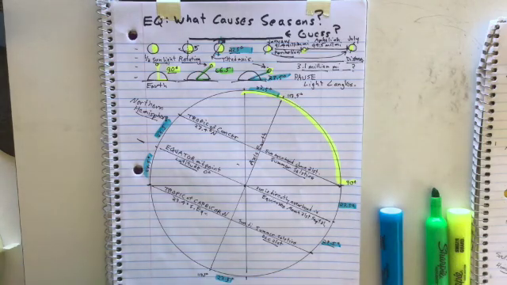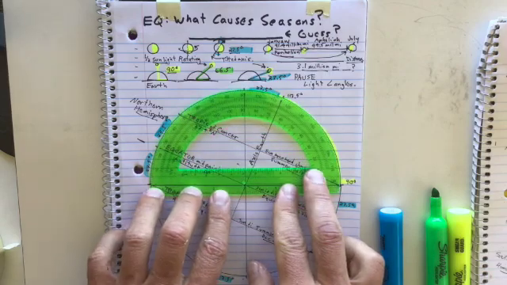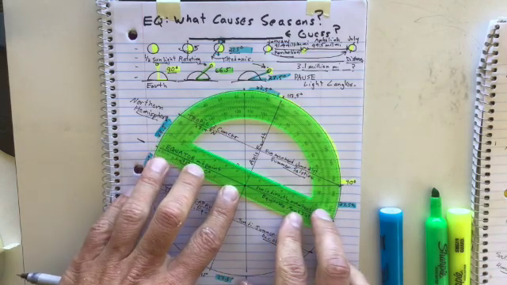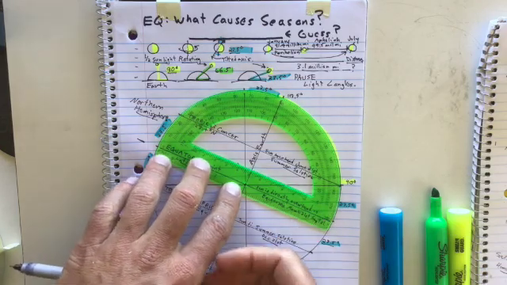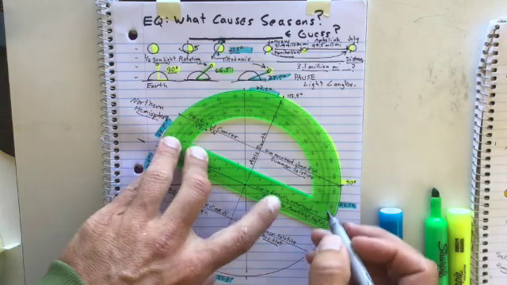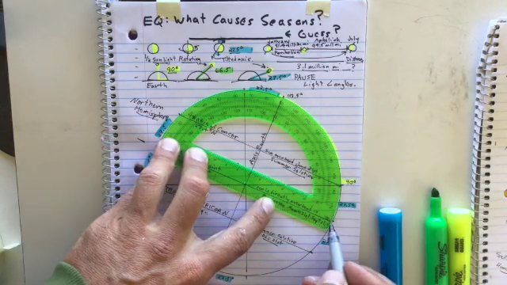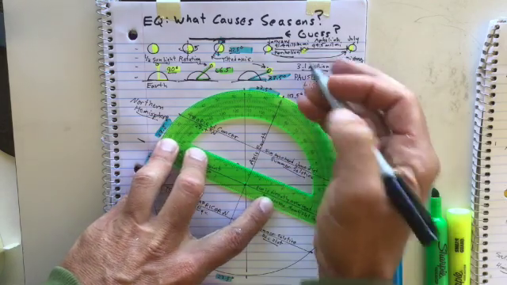Okay, the last one, we're going to take our protractor again, line it up on the equator, and we're going to find, here's 180, here's 0. We've got 0 on the North Pole. Oops, I'm sorry, 90.